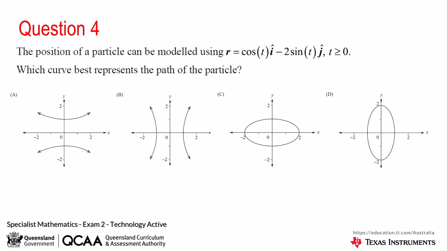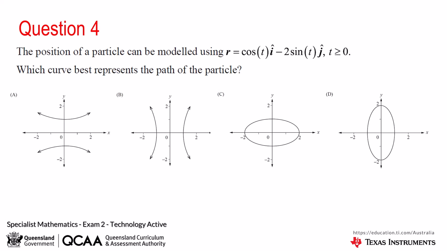So if we did that, squaring equation 1 and squaring equation 2 and adding them together, the left-hand side becomes x squared plus y squared on 4. The right-hand side becomes cos squared t plus sin squared t, which we know is equal to 1. So the equation that we're after is x squared plus y squared on 4 equals 1.